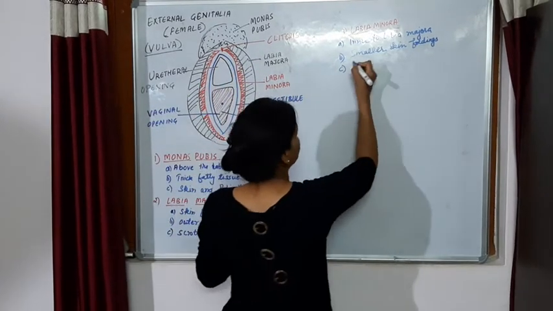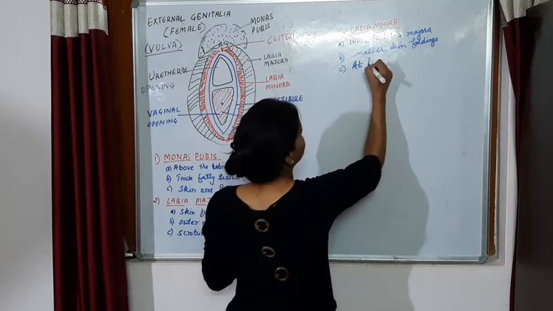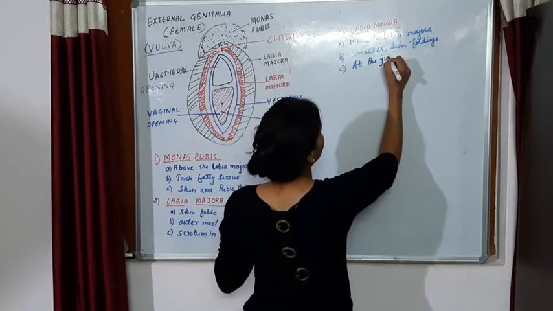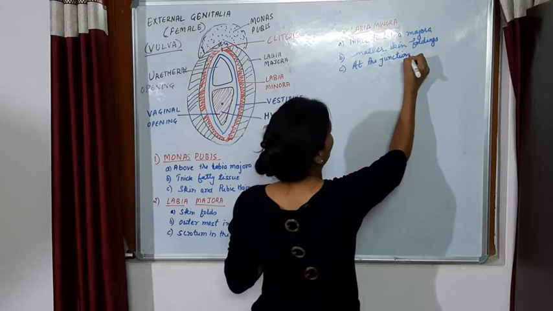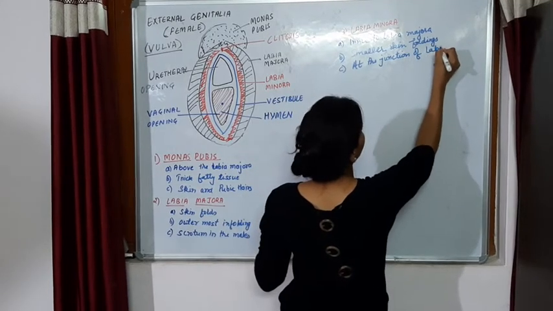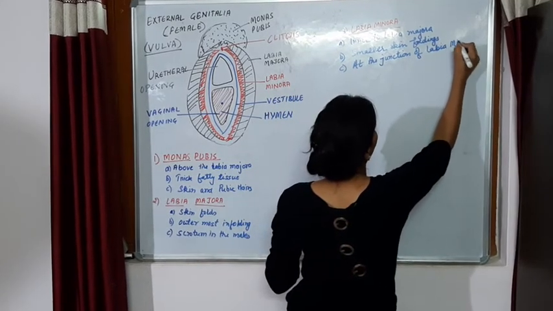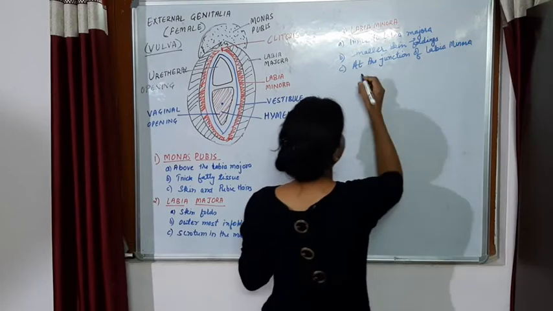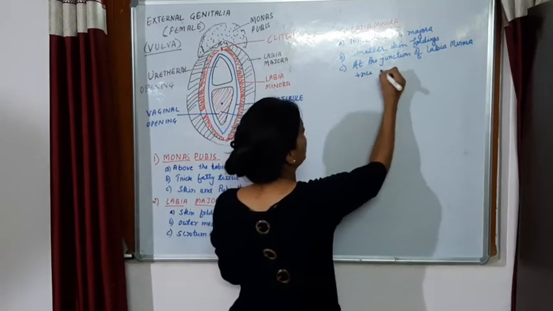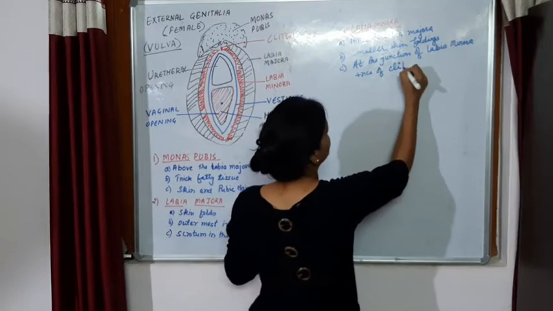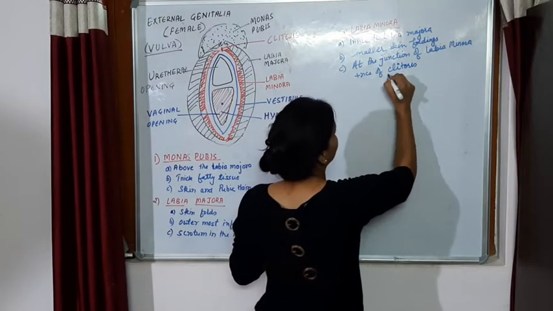Again, at the junction of the labia minora, we can see another structure which is called the clitoris, right?